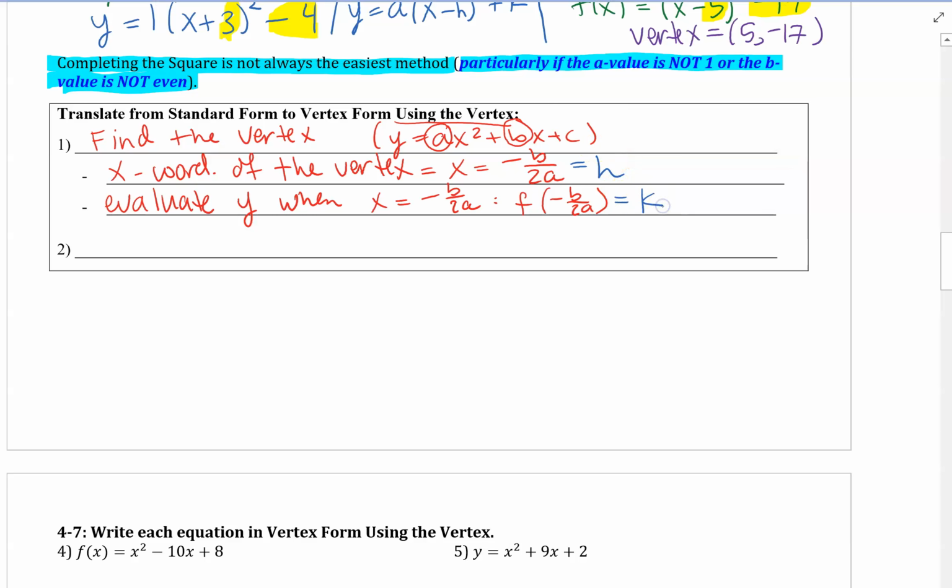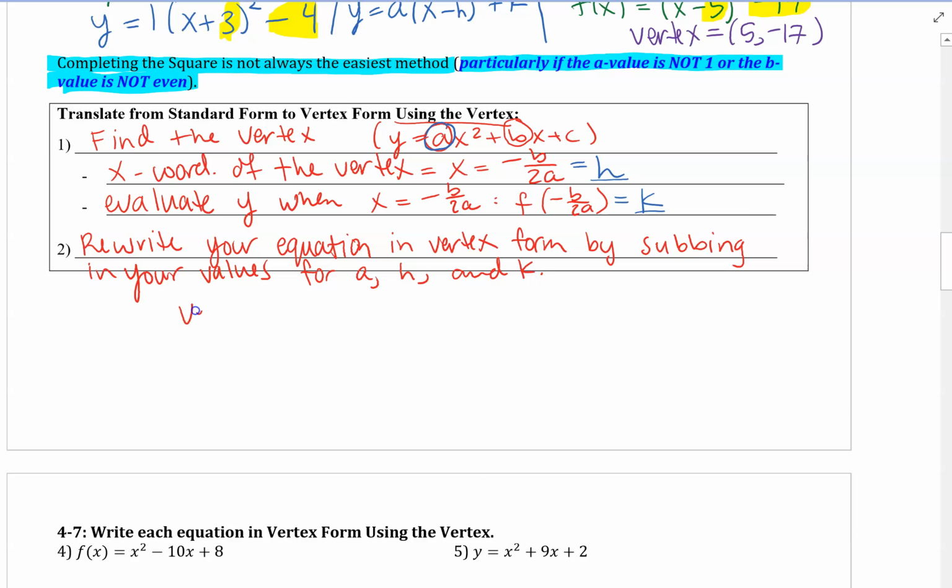And then you've already got a from your standard form, so then you just rewrite your equation in vertex form and just sub in your values for a, h, and k.